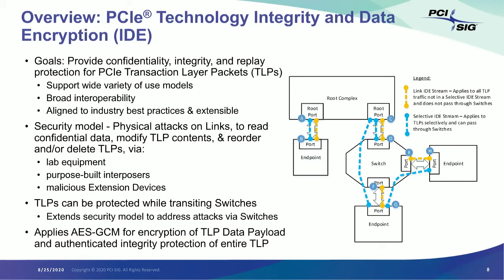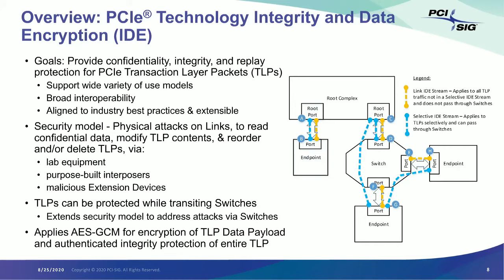So what kinds of attacks are we focusing on? Well, basically, with both link and selective, we're providing protection for TLPs that are traversing between the ports, and we provide protection so that any kind of modification of the packet will be detected. Like I said, the data payload itself is encrypted.